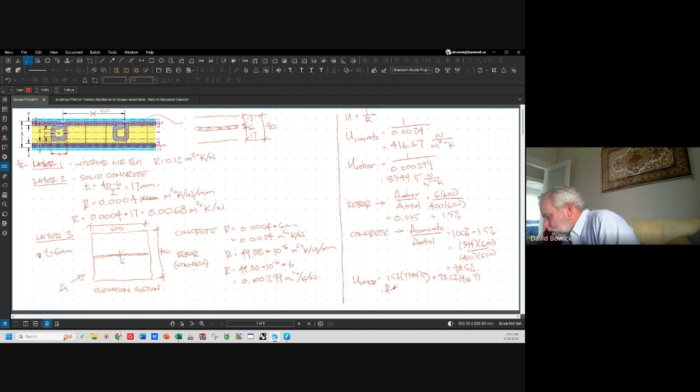Equals 460.6 watts per meter square degree Kelvin. And that is for layer 3.